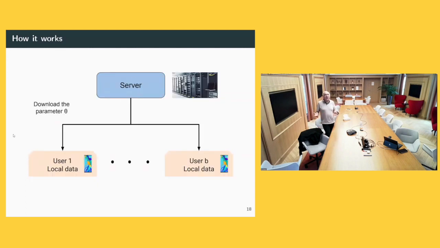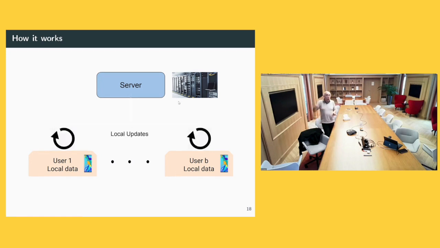At each iteration, the server broadcasts a new value of the parameter. It's a broadcast channel that each user can access. So in the downstream, the parameters are sent to the users, and the users do some local processing.